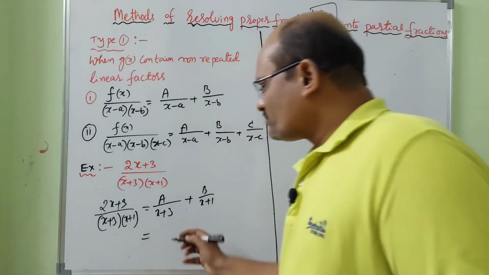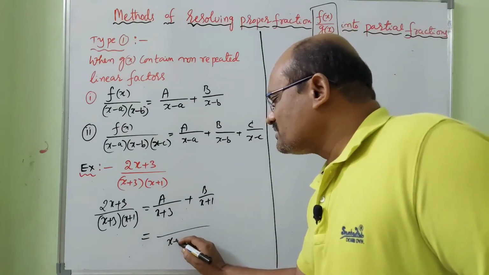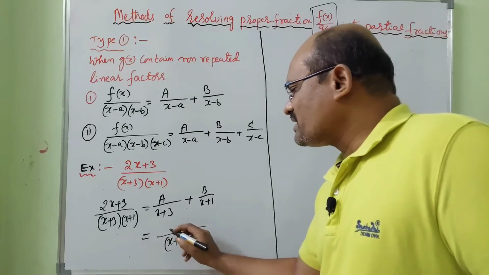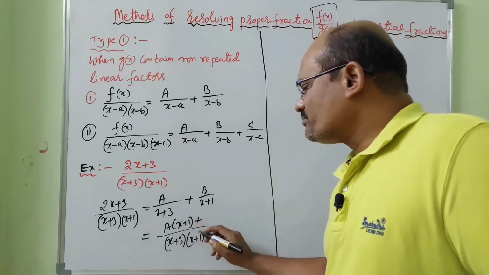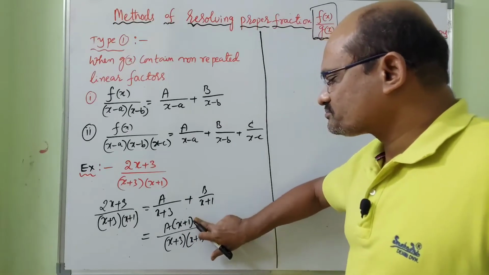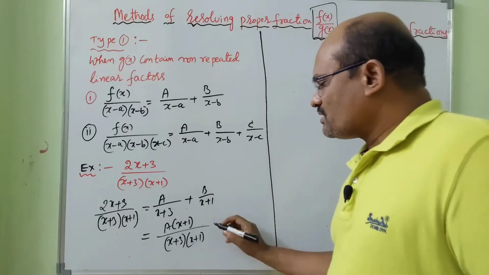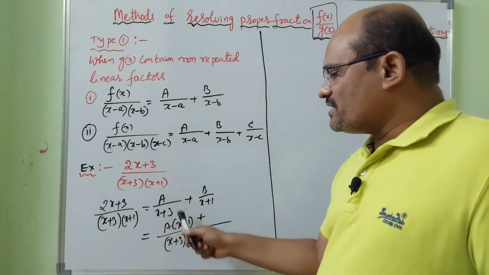Now look, on the RHS, I am uniting these two terms for the purpose of getting A and B. Take the LCM. The LCM is x plus 3 into x plus 1. X plus 3 cancels, you will get A into x plus 1.